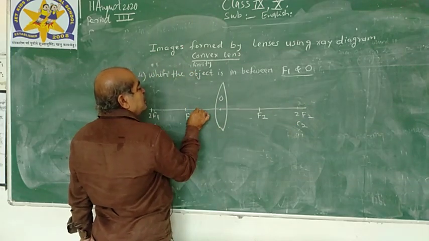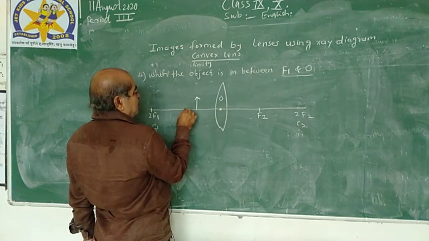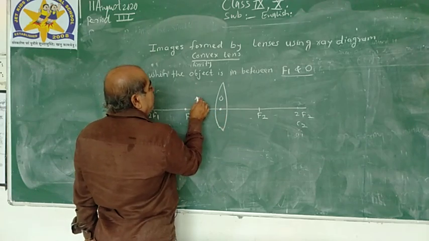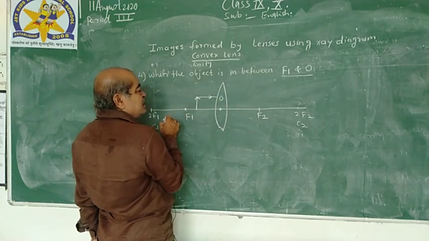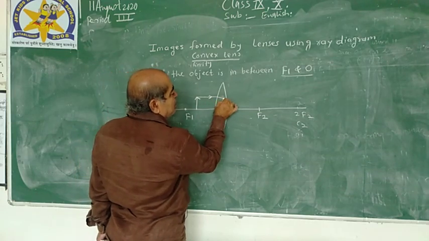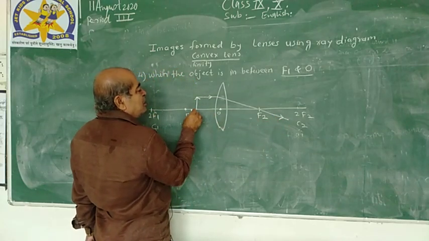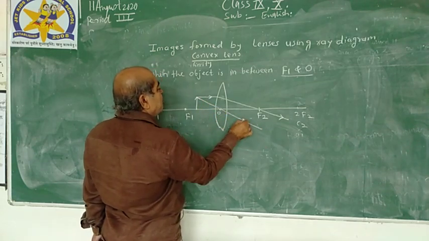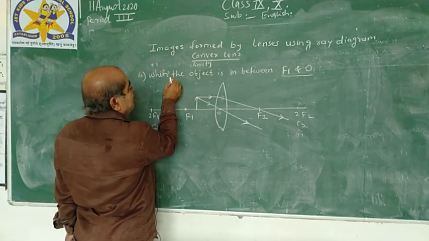When the object is in between F1 and the optic center, this is F1 and this is optic center. When a ray of light parallel to principal axis is incident on the convex lens, after refraction it passes through the principal focus on the other side, and the ray of light passing through the optic center emerges without any deviation.